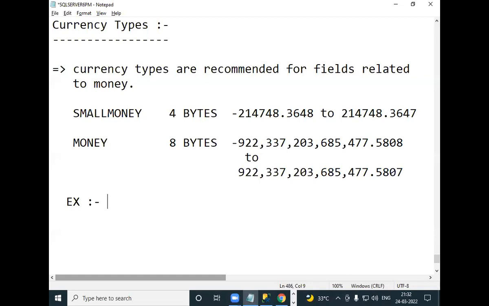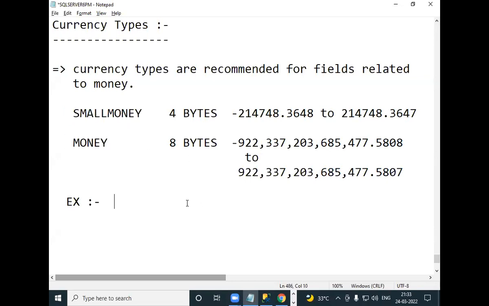Balance is money related. Fee paid by the student is also money related. Transaction amount is also money related. All these are money related. So for money related fields, SQL Server has given two separate data types. What are they? Small money, money.